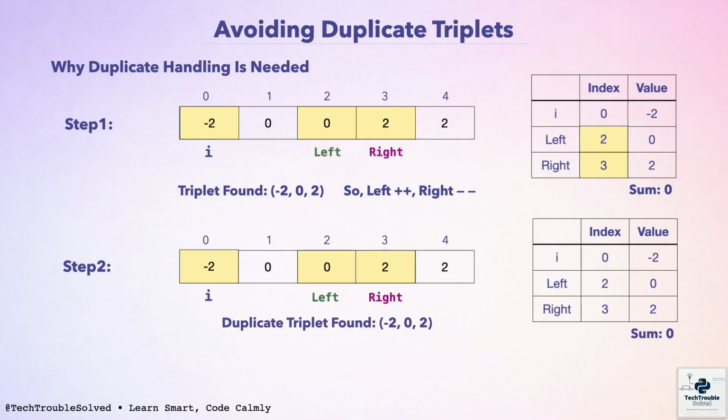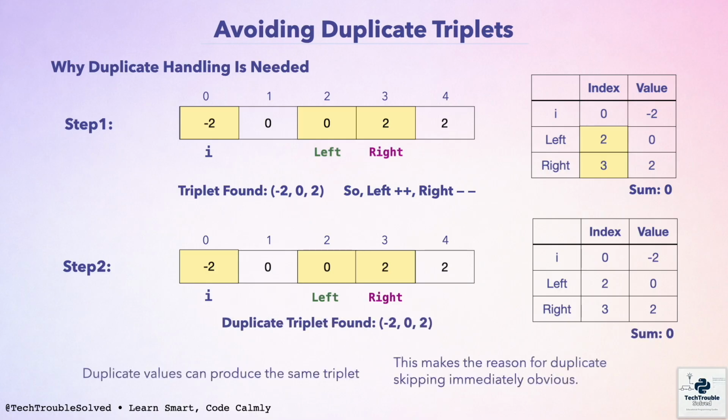Even though the indices are different, the values forming the triplet are identical. Since the problem requires unique triplets, we must skip duplicate values during the algorithm. In the next slide, we will see how the algorithm handles duplicates to avoid repeating the same triplet.